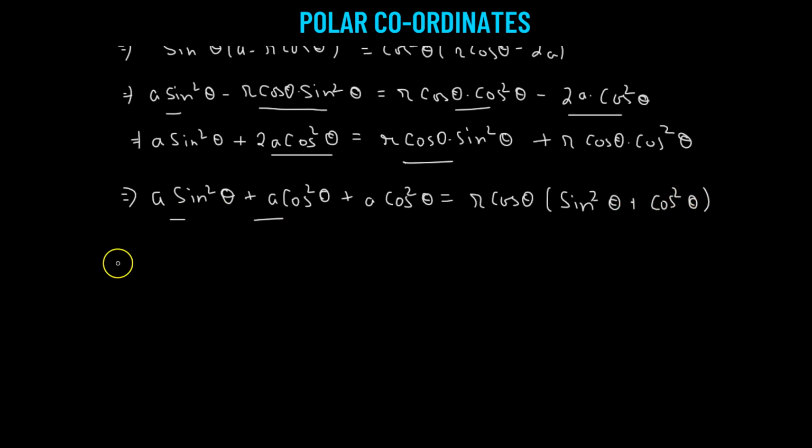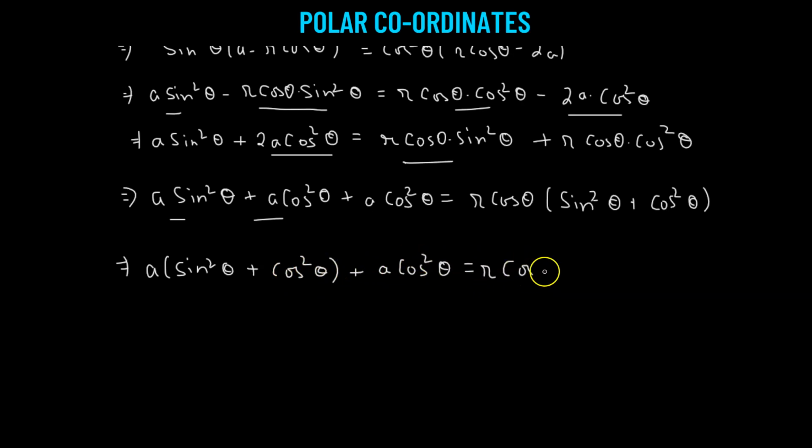And we combine the first two terms by taking a as the common factor, so we have a times (sine squared theta plus cosine squared theta) plus a cosine squared theta. Let's keep it aside.